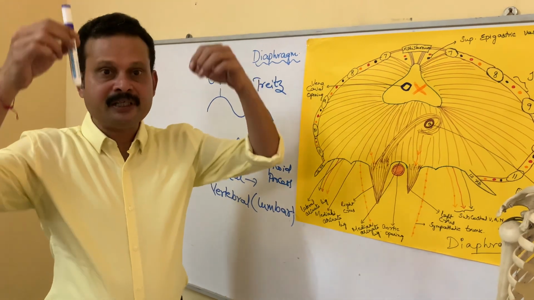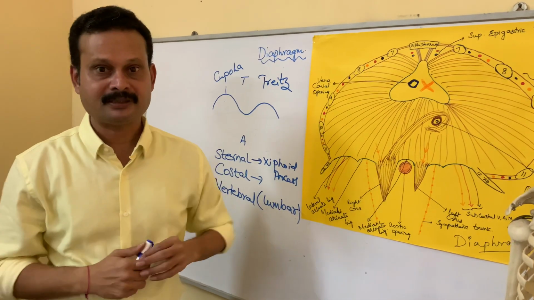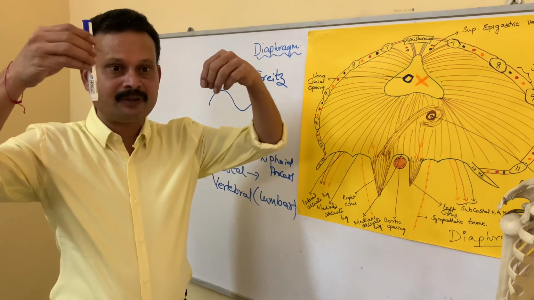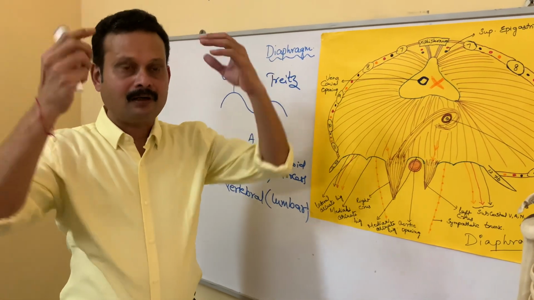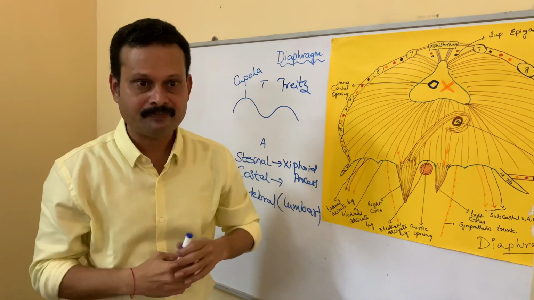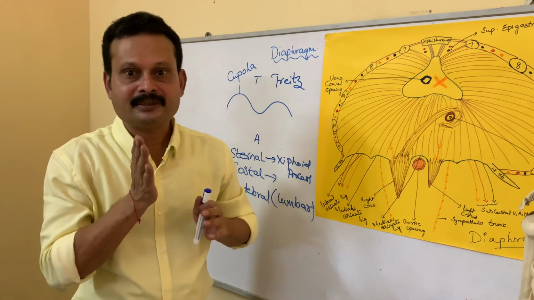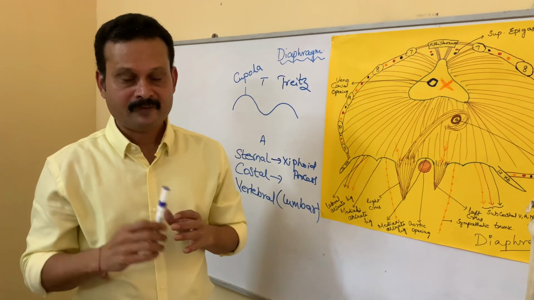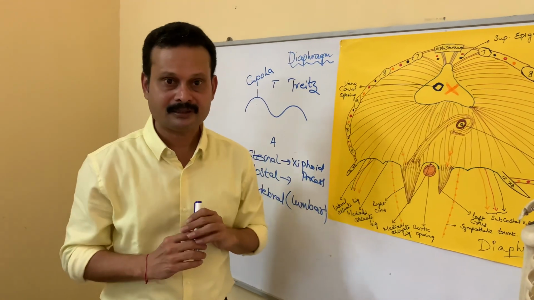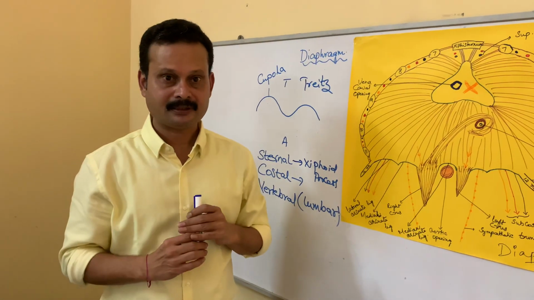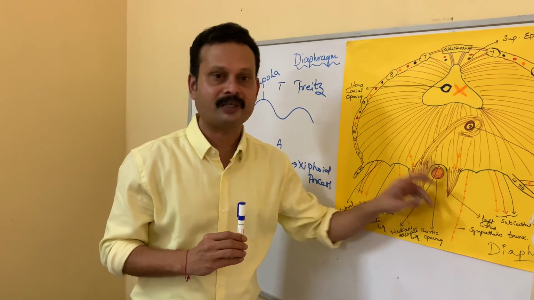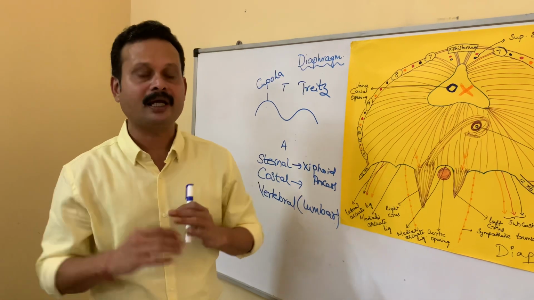The phrenic nerve, which comes from the cervical plexus, root value being C3, C4, C5, after piercing the diaphragm on the corresponding side, on the undersurface, that means on the abdominal surface of the diaphragm, divides into 4 branches: anteromedial branch or sternal branch, anterolateral branch, posteromedial branch or crural branch or vertebral branch, and posterolateral branch.